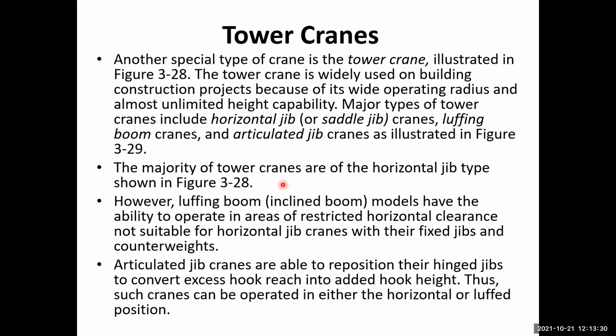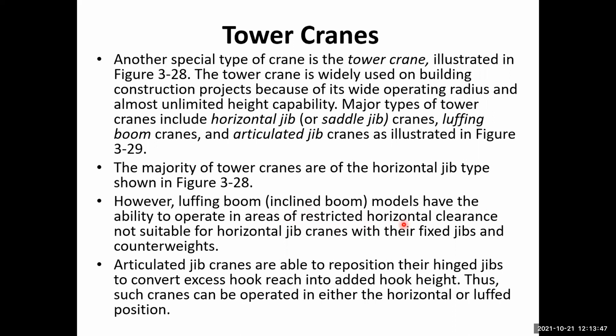The majority of tower cranes are the horizontal jib type, which is shown in figure 3.28. However, luffing boom cranes, that is, with the inclined boom, have the ability to operate in areas of restricted horizontal clearance.